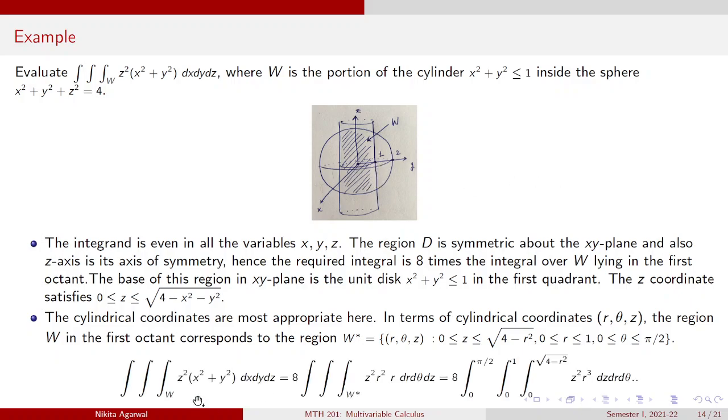So the integral becomes this, and you have this extra term r because of cylindrical coordinates, and these are your limits. Now here you have to notice one thing. In all the other examples, all the three limits were constant limits, because we were getting a box. In this case, we are not getting a box.